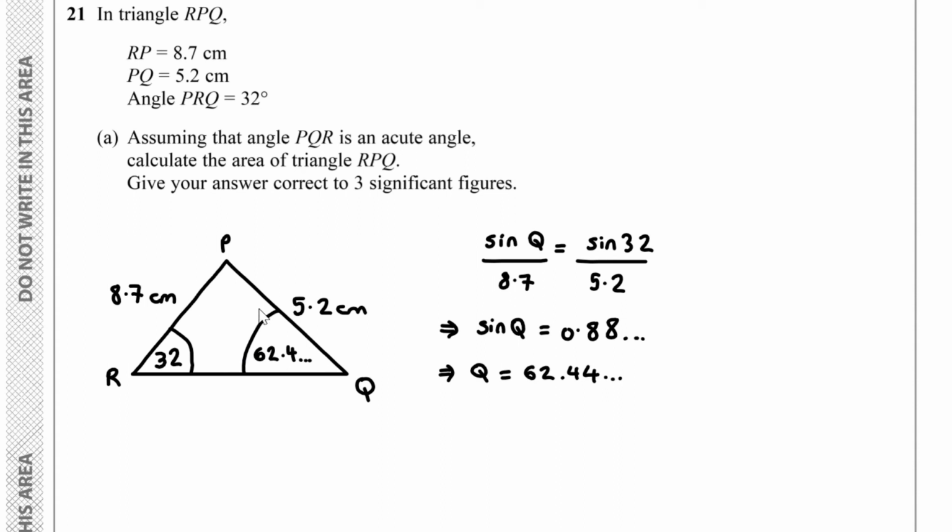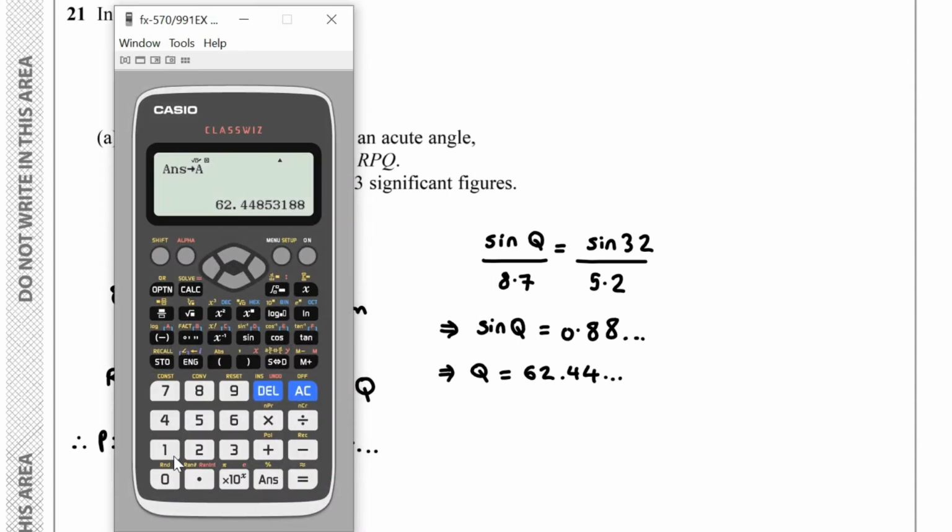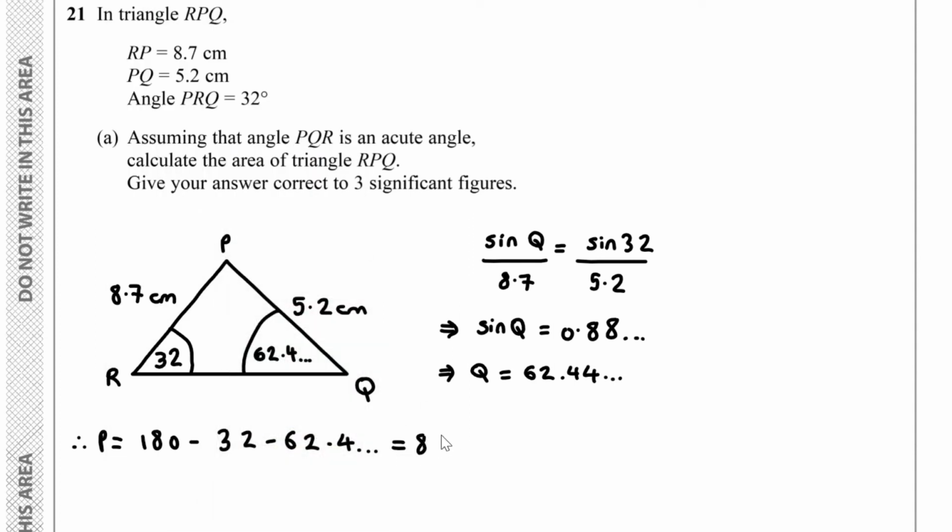Now we can find out the angle P. So the angle P is equal to 180 minus the 32 minus the 62.4, etc. So if we work this out, we've got 180 minus what we've just worked out for that angle, minus the 32, which is 85.5, etc. So this angle is 85.5, etc. So let's show this in our diagram.